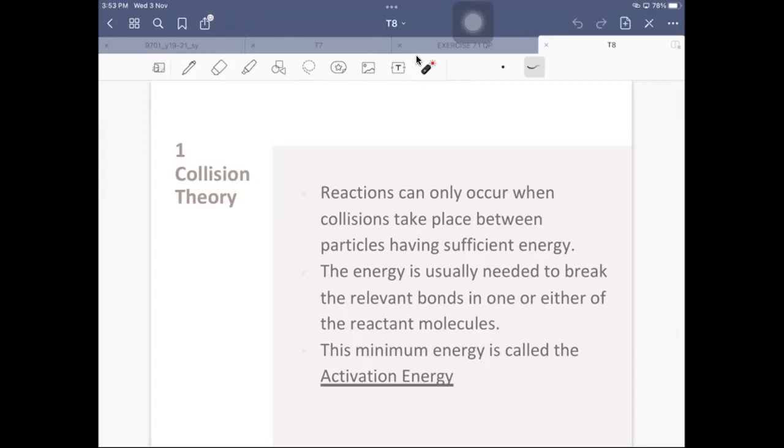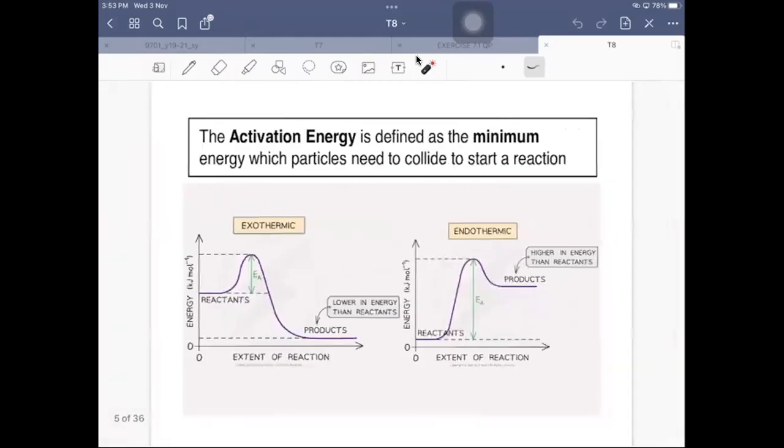They don't necessarily have chemistry straight away. They might meet each other and then don't like each other, and then they go off and not have any chemistry or reaction together, if you put it like that. So the activation energy is the minimum energy which particles need to have in order to collide to start a reaction. So that's the definition of activation energy, which I think you have come across already.